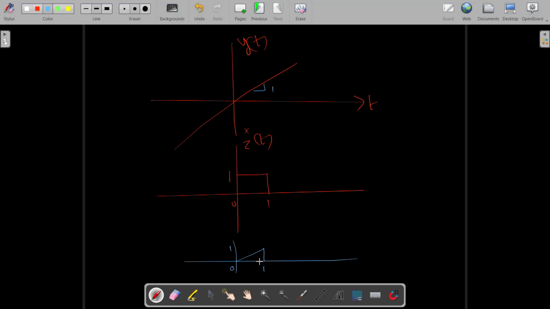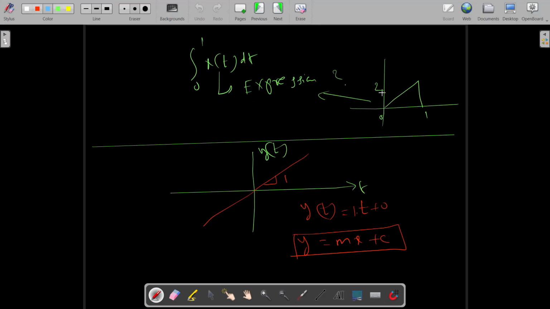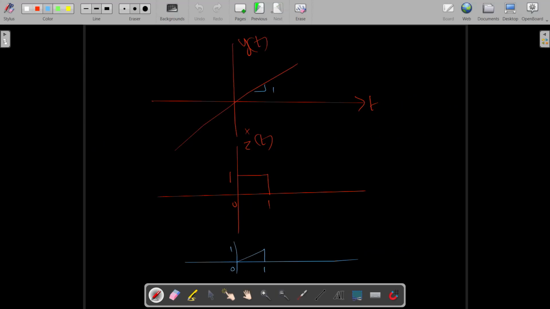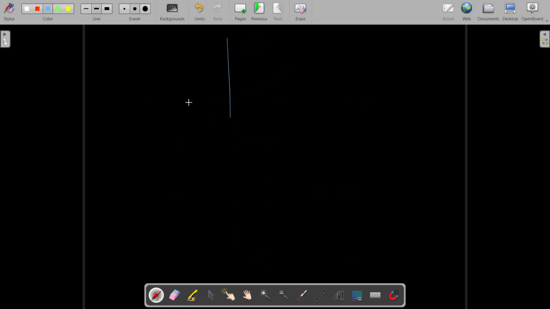With this idea, let us go back and get the expression for this. This is what we are supposed to get the expression for. Let us go to the next page. So now what we need is this, right? This is 0, this is 1, this is 2.